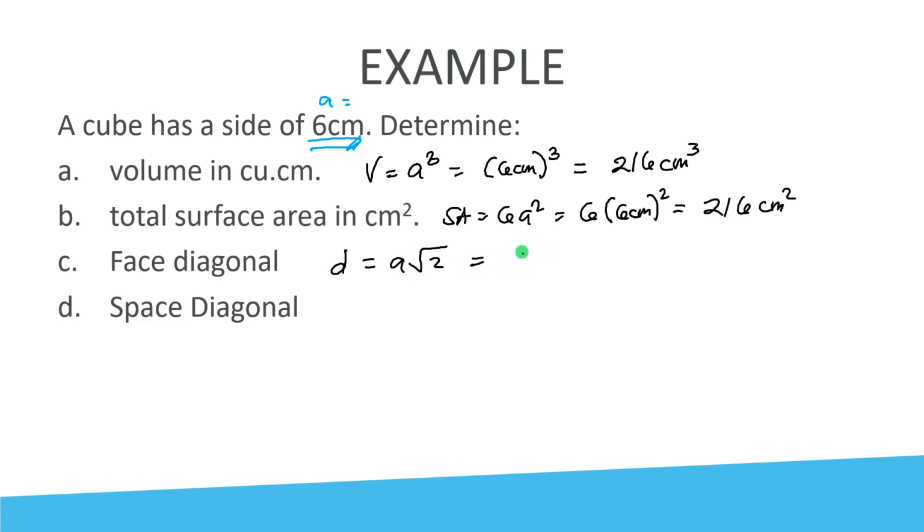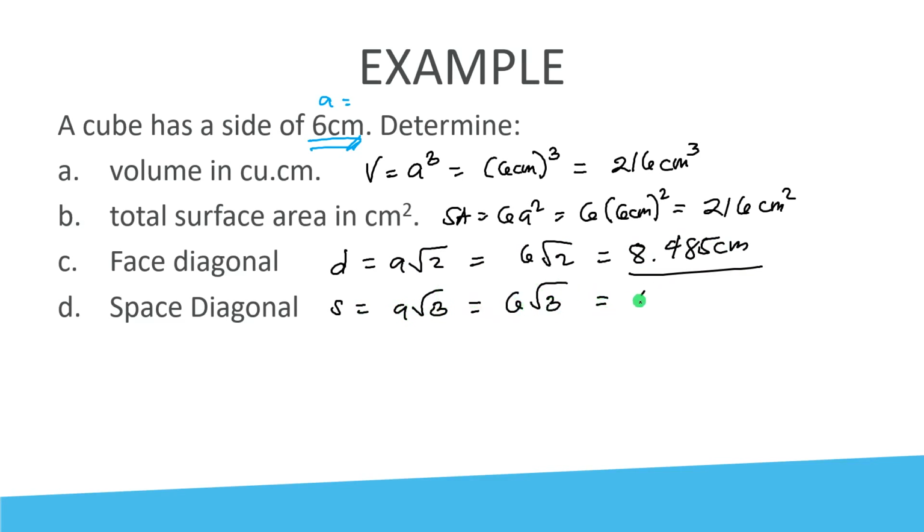So substitute A by 6. So 6 the square root of 2, or that's 8.485 centimeters. And for S, we have A the square root of 3. 6 the square root of 3 is equivalent to 10.392 centimeters. These are the answers.